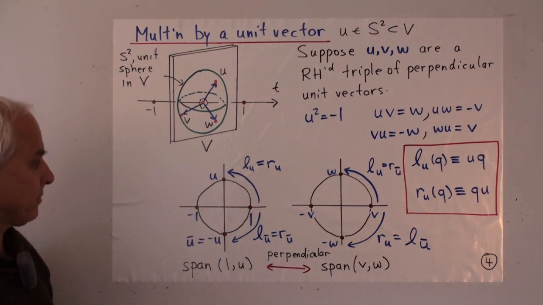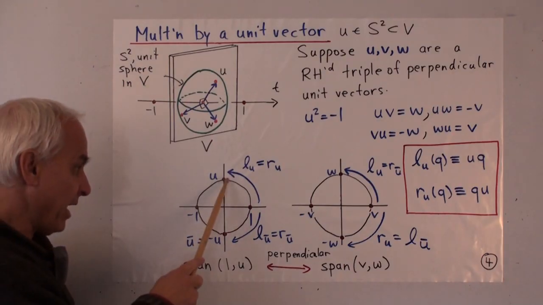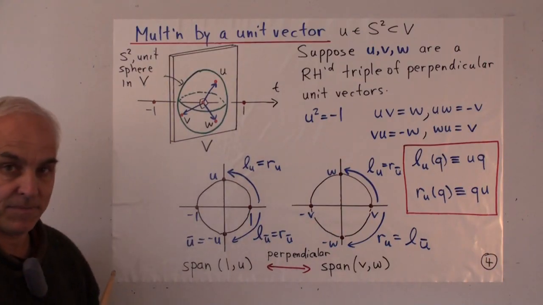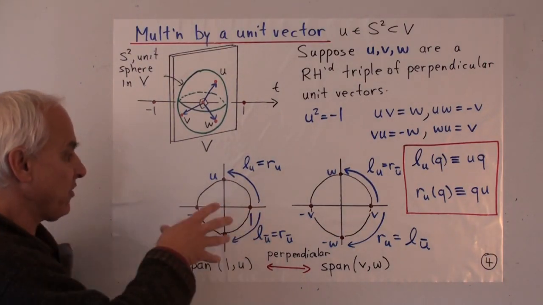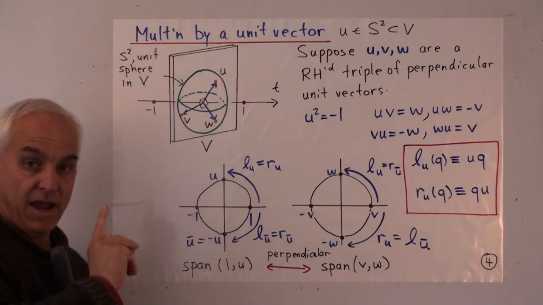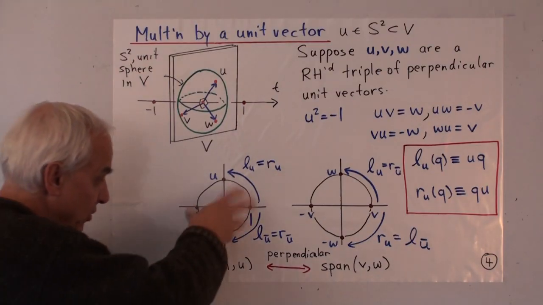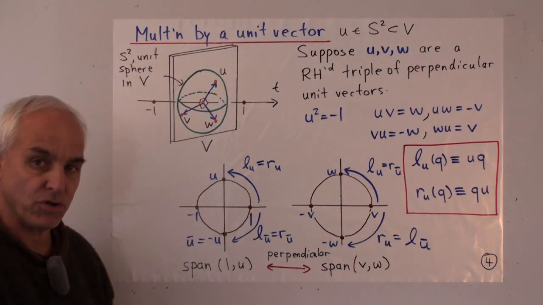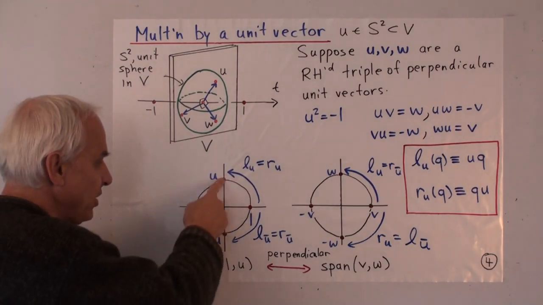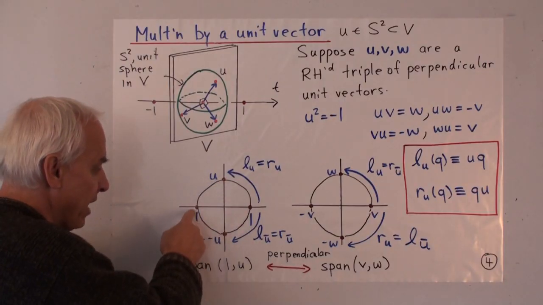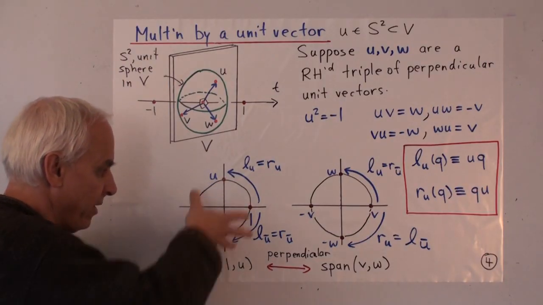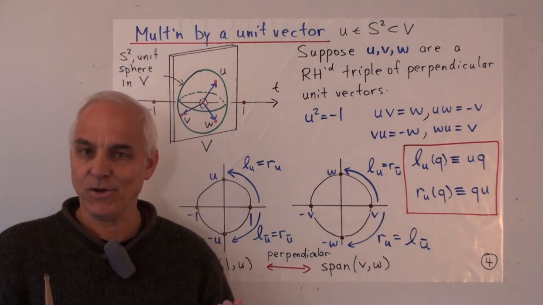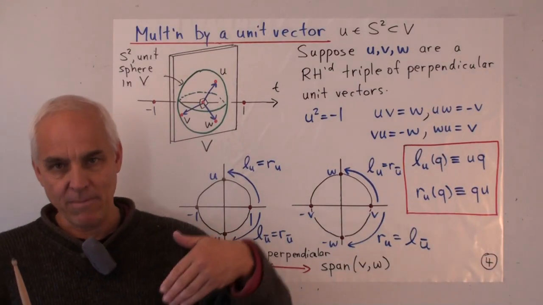And if we multiply u either on the left or the right, we get minus 1. So the effect of multiplying by u either on the left or on the right in this two-dimensional plane is to rotate by a quarter turn. 1 goes to u goes to minus 1 goes to minus u, and minus u goes to 1. It's exactly the same thing that we get in the complex plane multiplying by i.